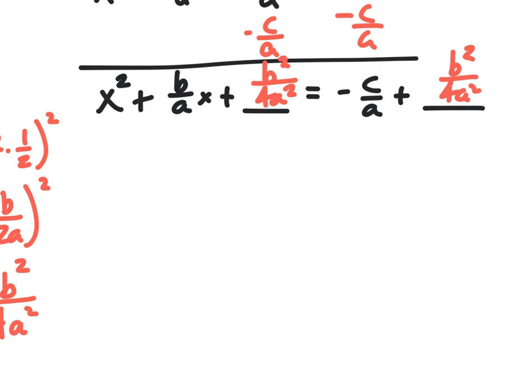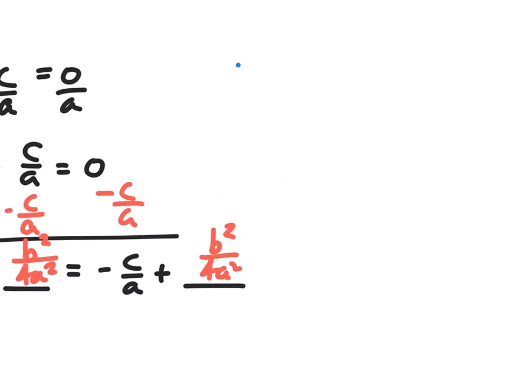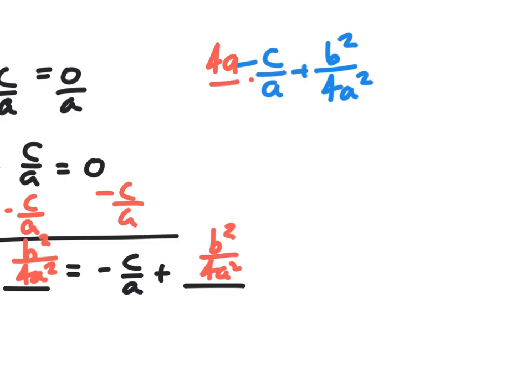Now I want to combine these two numbers. Let me do that up here: negative c over a plus b squared over 4a squared. In order to get a common denominator, I'd have to multiply the first term by 4a over 4a.